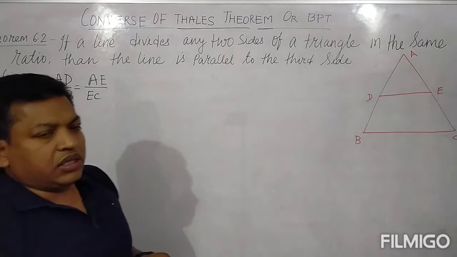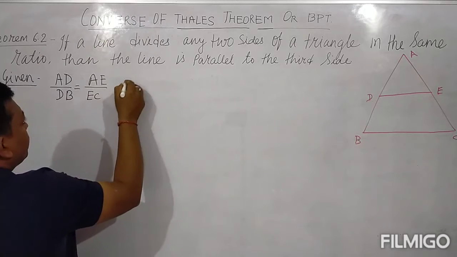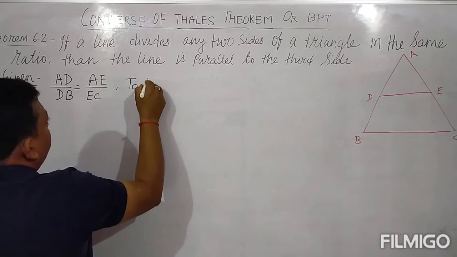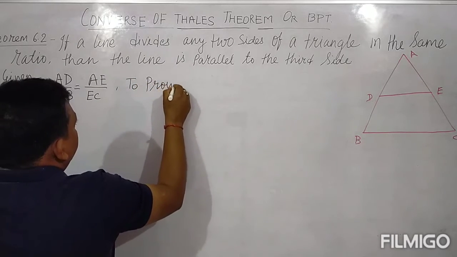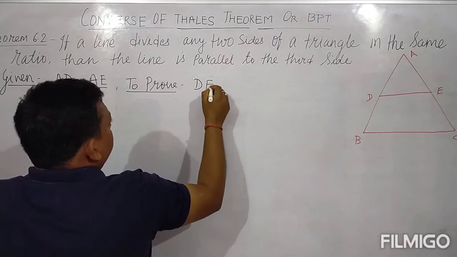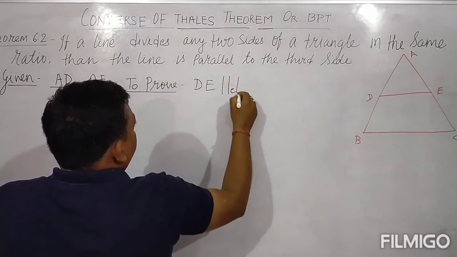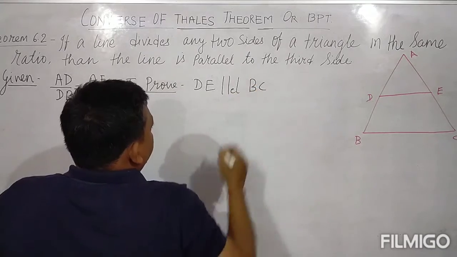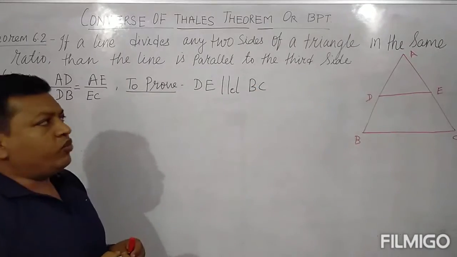This is the given condition. What we have to prove? We have to prove that DE parallel BC. This is the relation we have to prove.